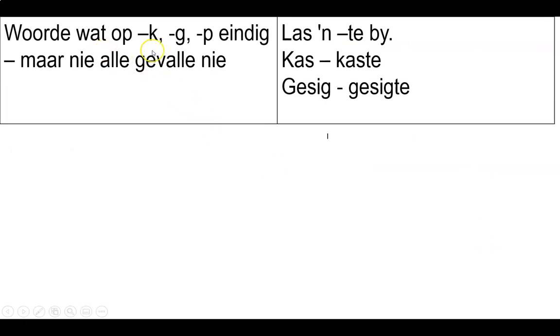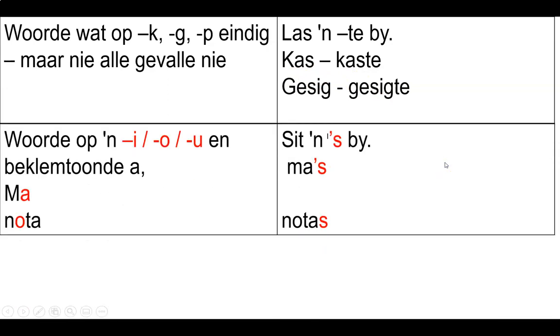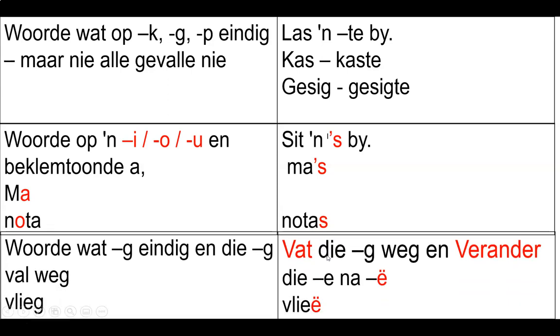Words that end on K, G, and P usually get a TE, but not always. If you look at the example of kas, it's kaste. Then words that end on I, O, and U, and an emphasized A will get afkappings, or an apostrophe S. But look at nota. So the A does not have an emphasis, and therefore just gets an S and no apostrophe.